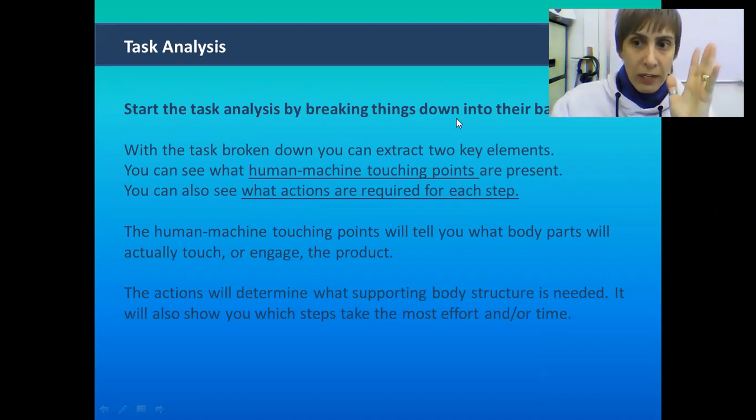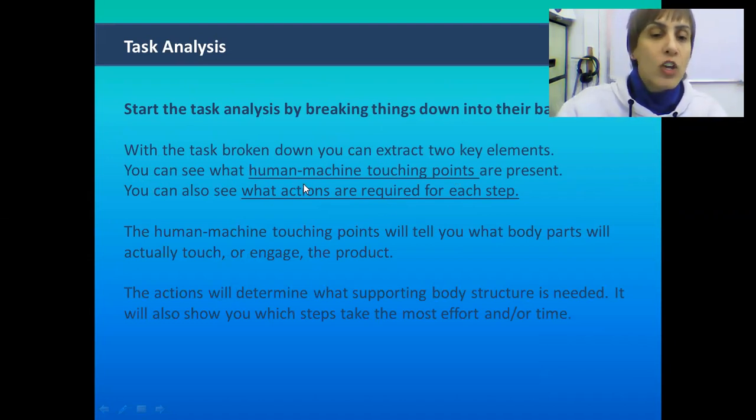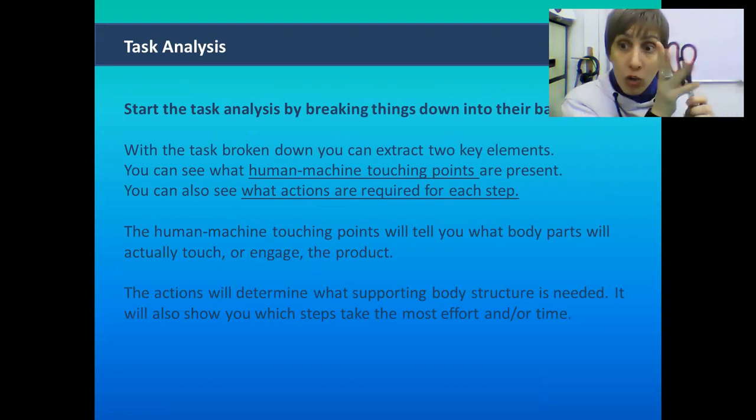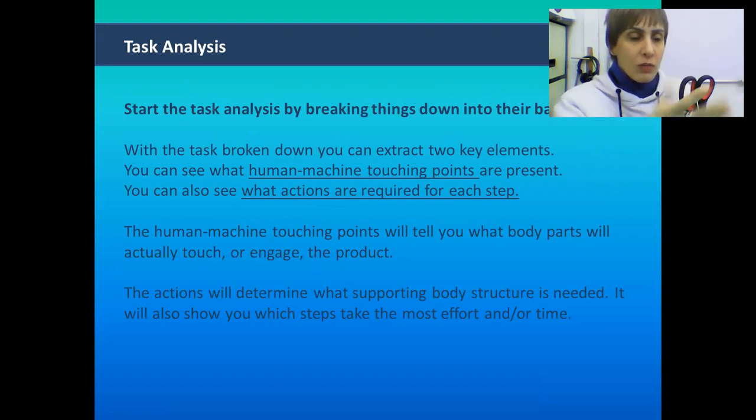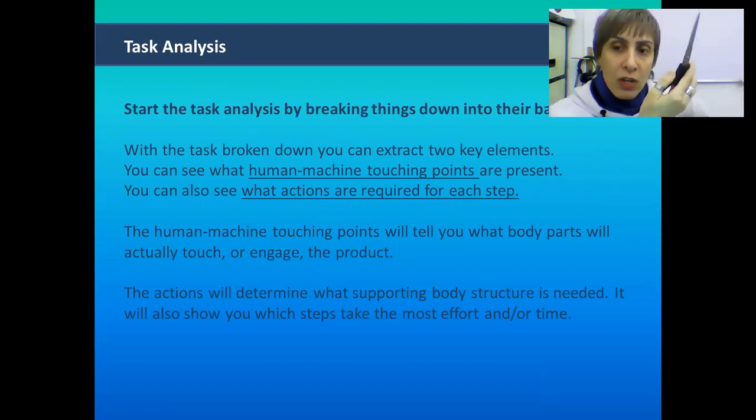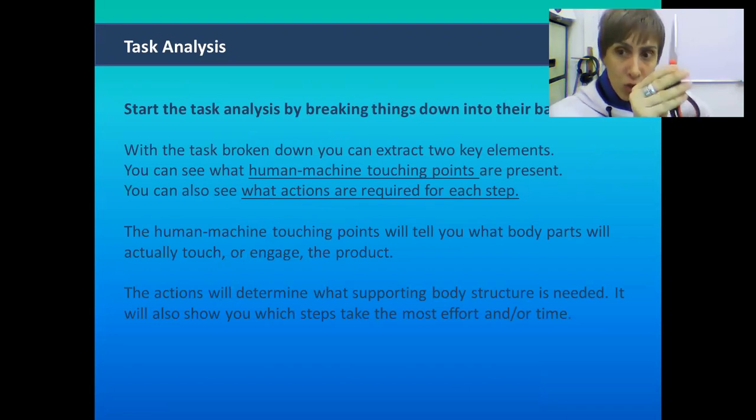Now, to do that, we need to understand where the human-machine touching points are. I said about this thing many times before that it's very important, because when we use any product, anything in our daily life, we come in contact with it. We become a system. So I'm in contact now with this product.